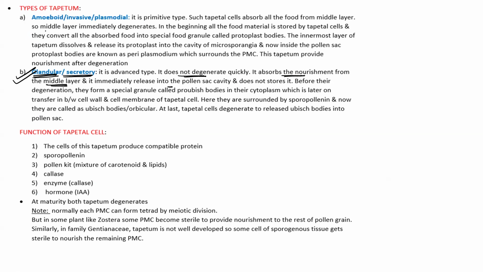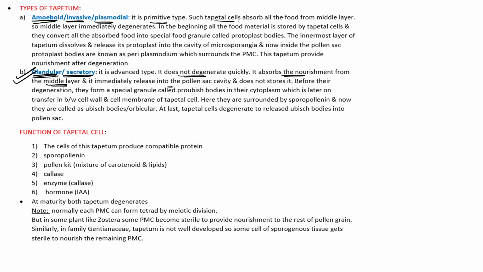The second type of tapetum is amoeboid. The name tells me it will show amoeboid movement. It means it can move, so it is invasive. It will enter inside the middle layer, take the nourishment from the middle layer and release it near the pollen grains which are going for maturity. Plasmodial, and it is the primitive type.